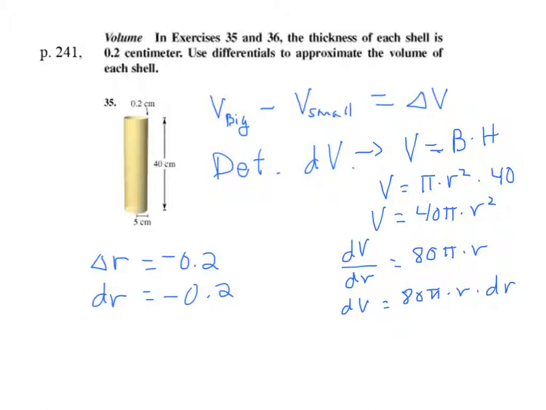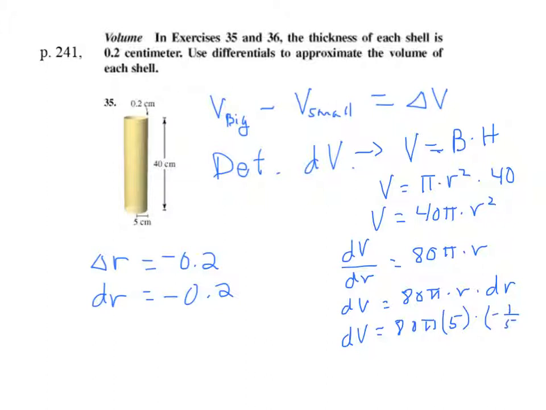So let's see, dV will equal 80 times pi. What's our r in this case? Well, our anchor for our r is the 5 centimeters. And then our dr is negative 2/10, or negative 1/5.